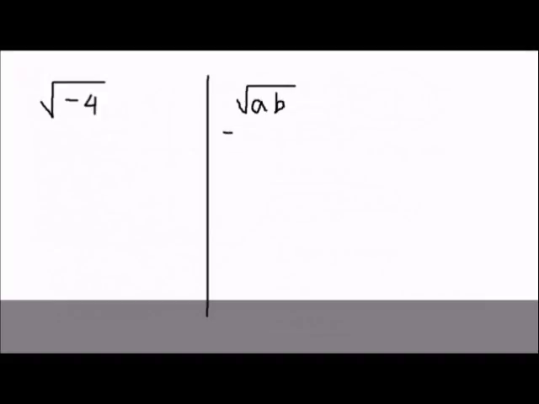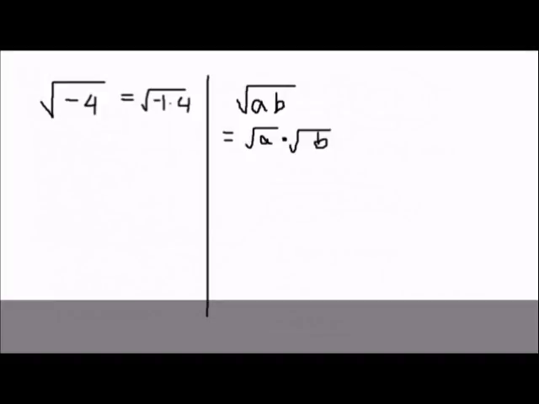Okay, let's look at some questions. What happens when we square root -4? Let's first find out what happens when we square root a times b. We can split it into square root a times square root b. Let's apply it to this situation. Square root -4 is actually square root of -1 times 4.